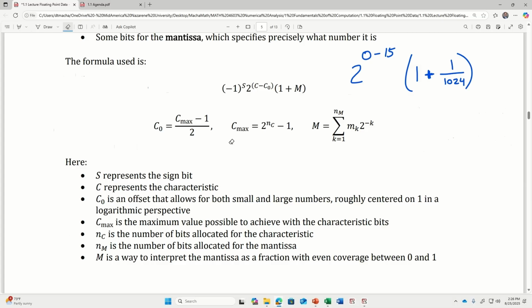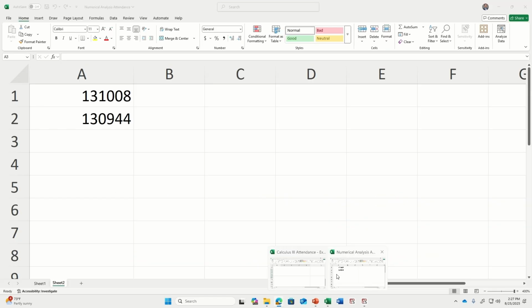And so if I'm talking about the difference between this number and this number, how big is that change? Let's find out. 2 to the negative 15th times 1 over 1024.